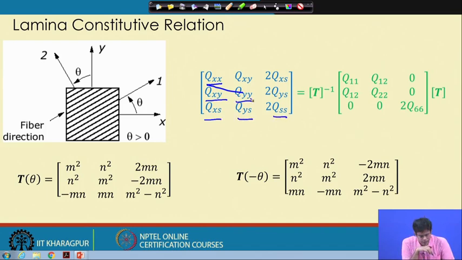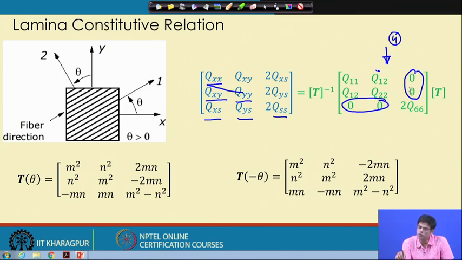It is important to know here that there are again 4 independent constants, and in this matrix these terms are zero terms. These are due to the Poisson's effect, but these are the coupling coefficients, where shear stress and normal stress are coupled.